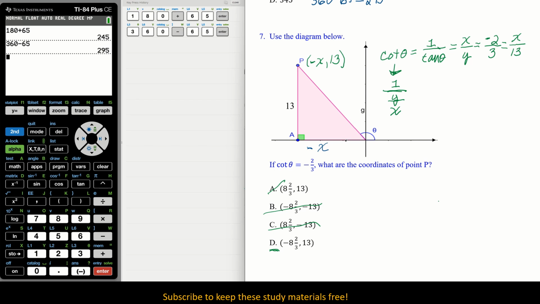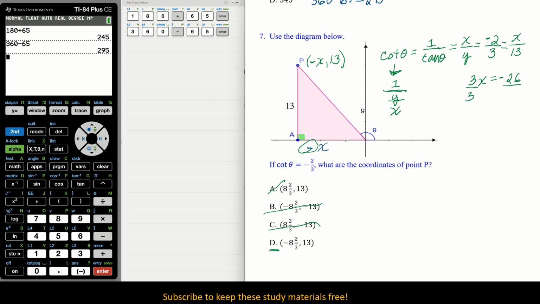Okay. All right. Notice that I didn't put the negative here on the x because if I don't, remember, we're really just looking for the value of x. We're really not looking for that negative. It's just something that you always have to make note of. Okay. So let's get this done. This gives us 3x equals negative 26.